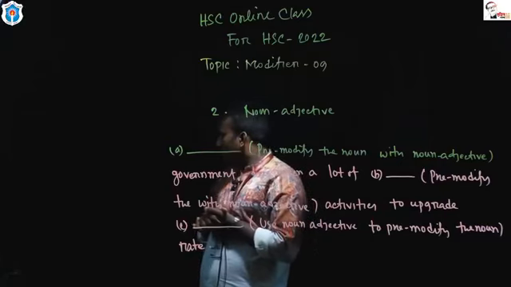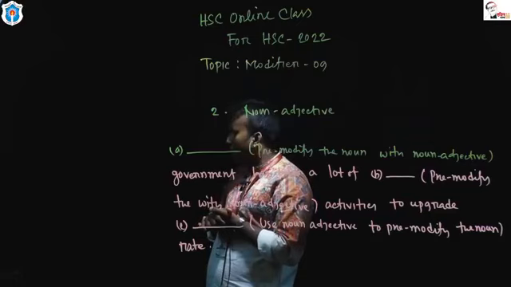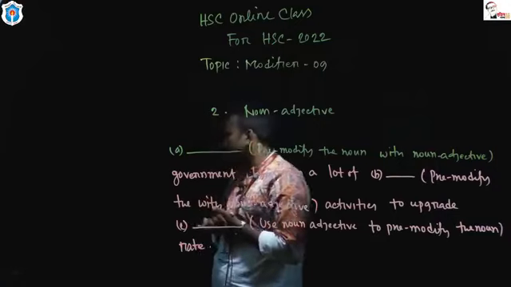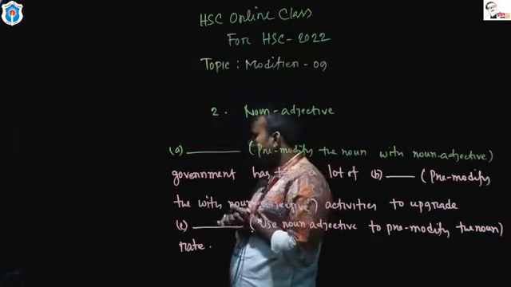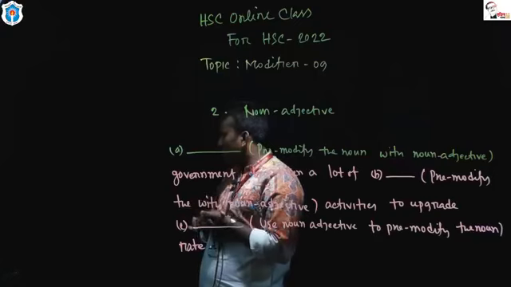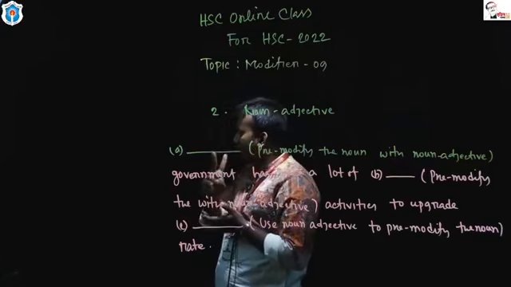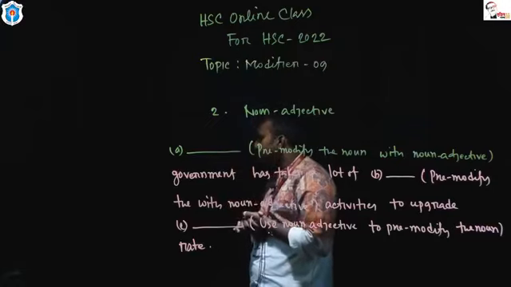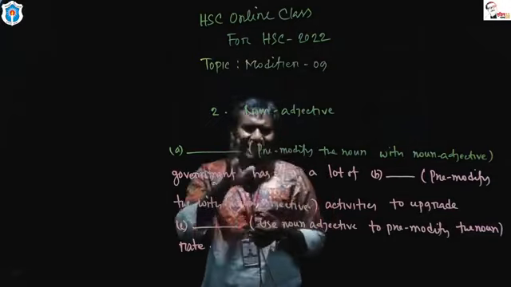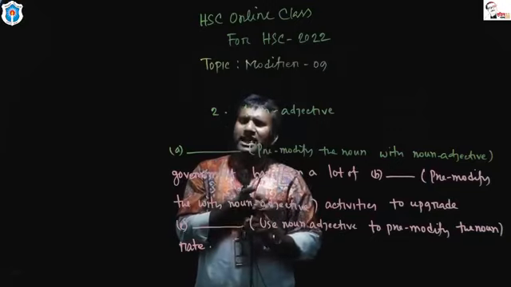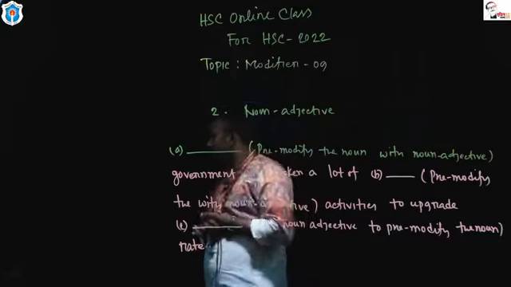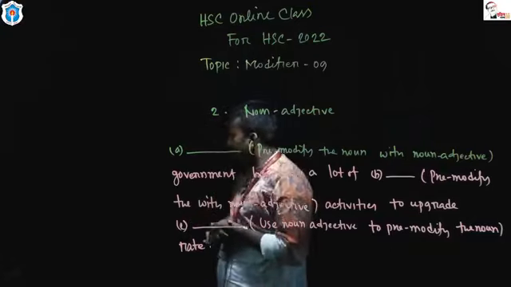Nabil, you have written 3 answers. 1 answer is correct and 2 are incorrect. Nuruddin Sarkar, you have written 3. 2 are correct, 1 is incorrect. Those who are writing pure adjective, don't forget that you are writing wrong answers. Yes, hurry up, give me the answer.